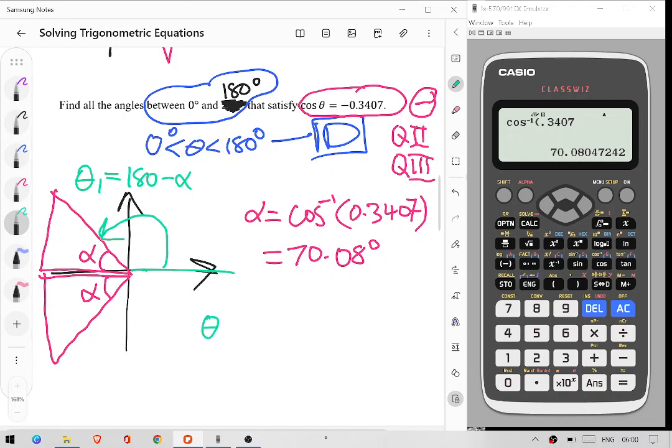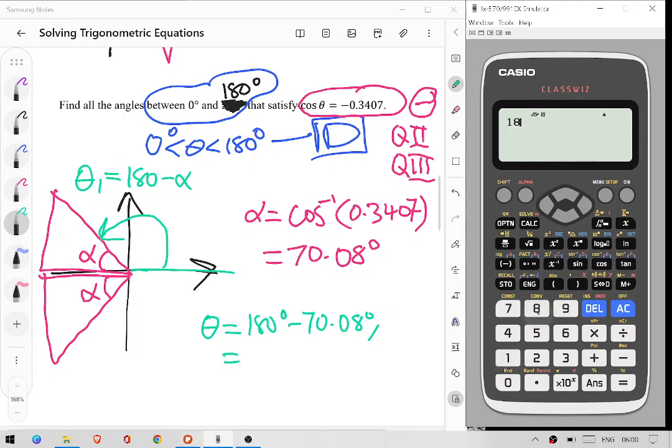So theta is 180 minus 70.08, which is 109.92 degrees.